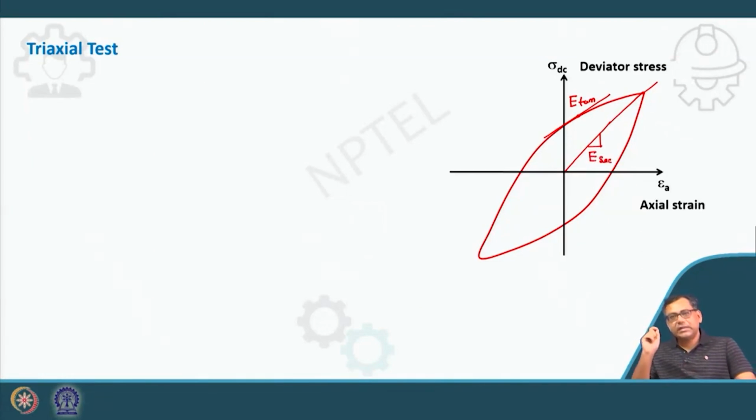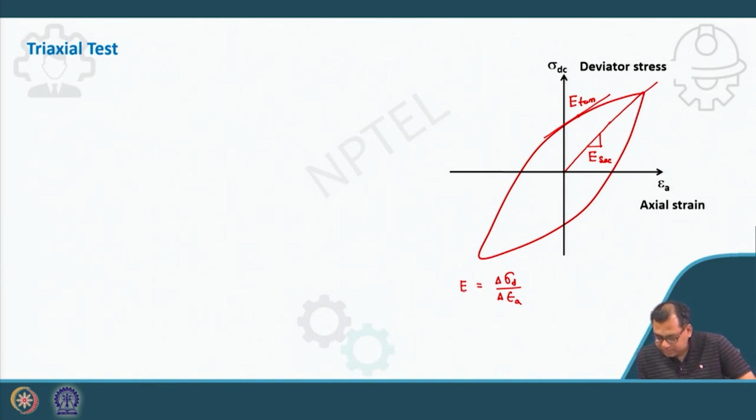So E sec is the average elastic modulus for this particular loop. Now the E sec, or E value, you can calculate, I am just writing E here, so that will be sigma d divided by axial strain.